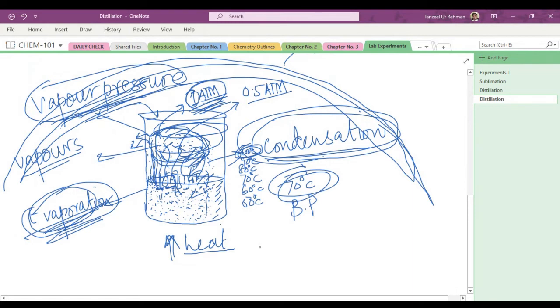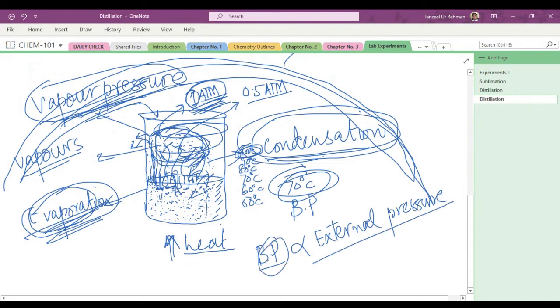It means our boiling point depends on external pressure, atmospheric pressure. So the lower the external pressure, the lower the boiling point. The greater the external pressure or atmospheric pressure, the greater the boiling point.